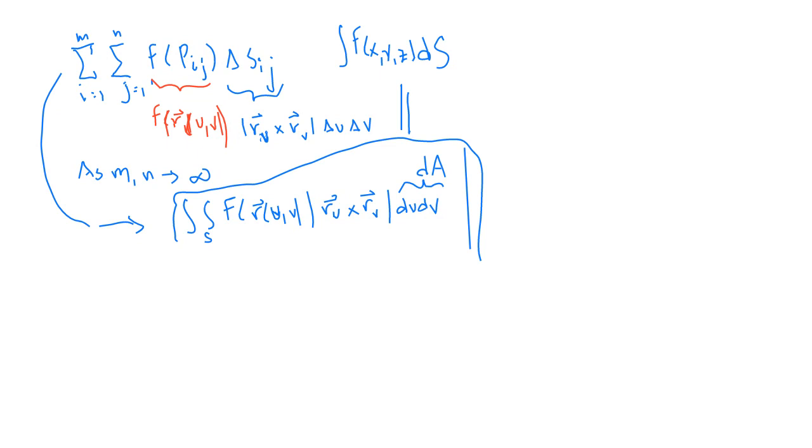So when you see the double integral with a capital S, that stands for a surface integral. I'm just trying to make a few connections here. Are there any questions on that? Maybe give me a thumbs up if you're okay.